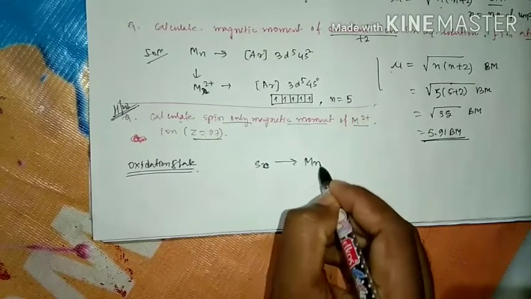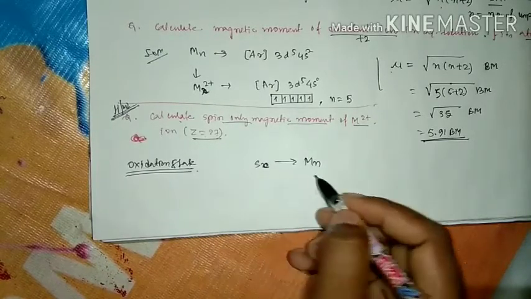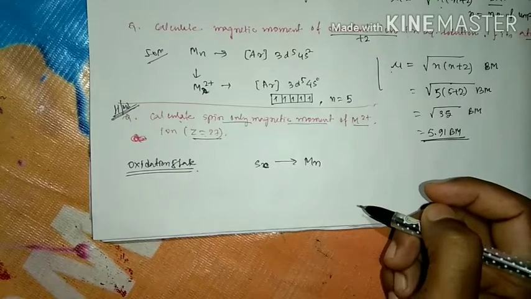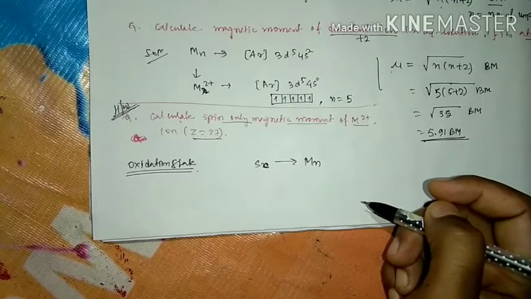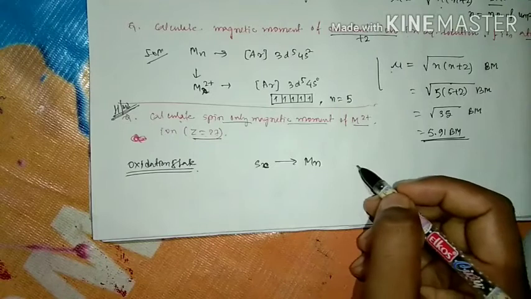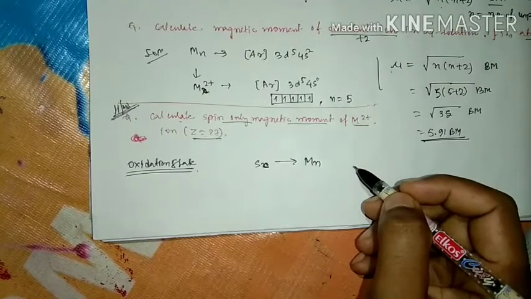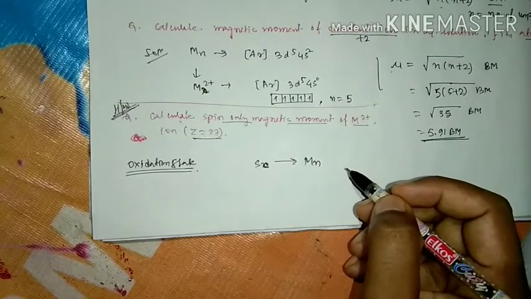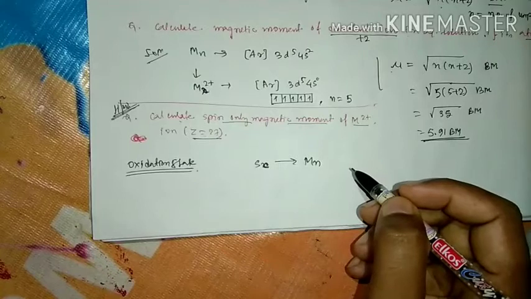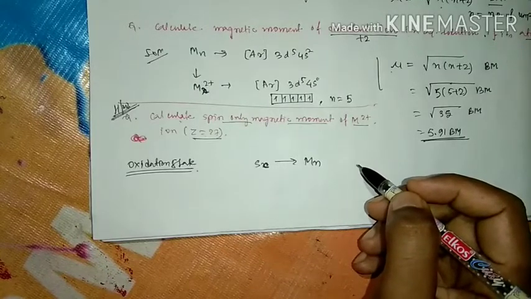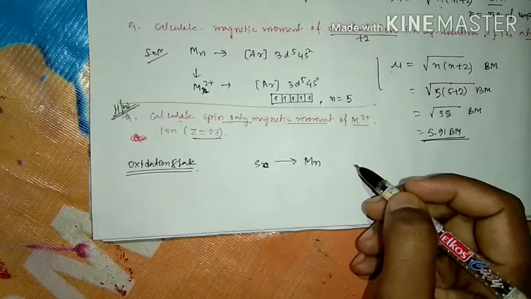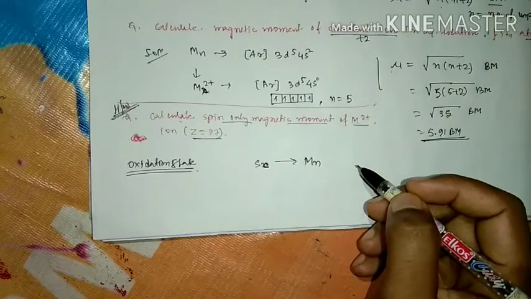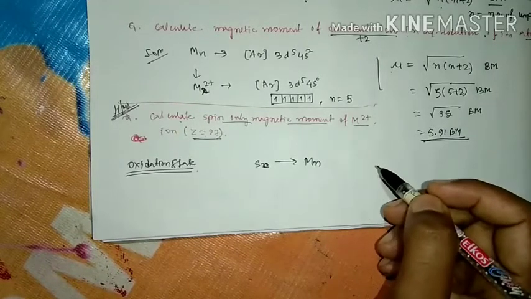Then again from manganese to zinc, the oxidation state decreases because pairing of d electrons takes place. Now, as I have discussed, among the transition metals of the first transition series, manganese shows the highest +7 oxidation state and scandium shows only +3 oxidation state.